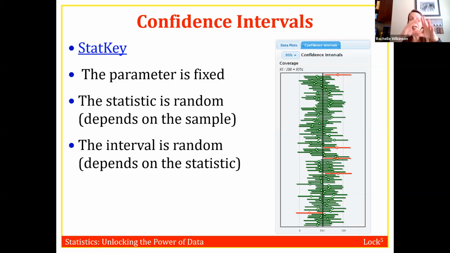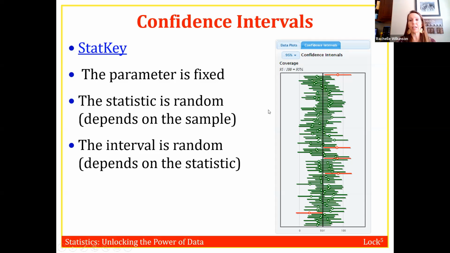And because we're creating our interval using the sample statistic, our interval is also random. We don't know exactly which sample statistic we're going to get, which interval we're going to end up with, because it all depends on our random sample. So sample values and intervals vary from sample to sample.